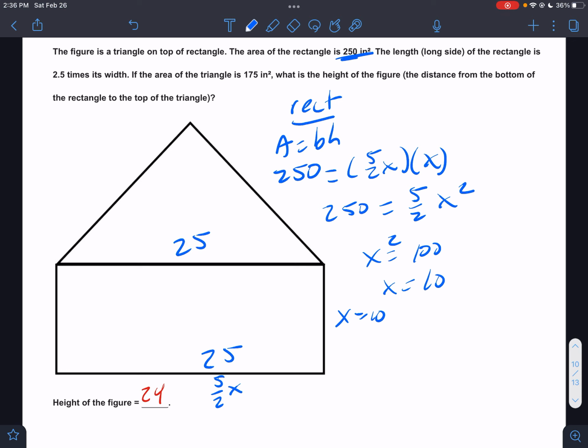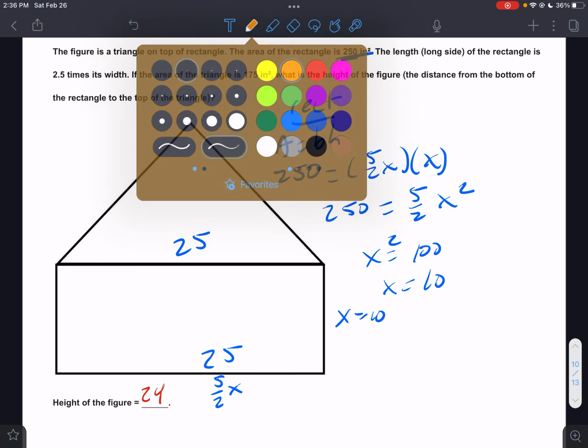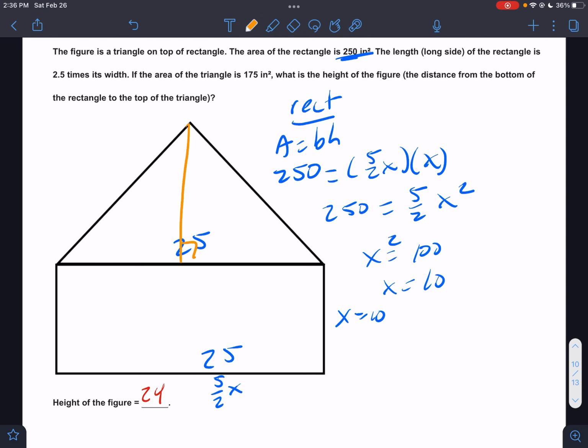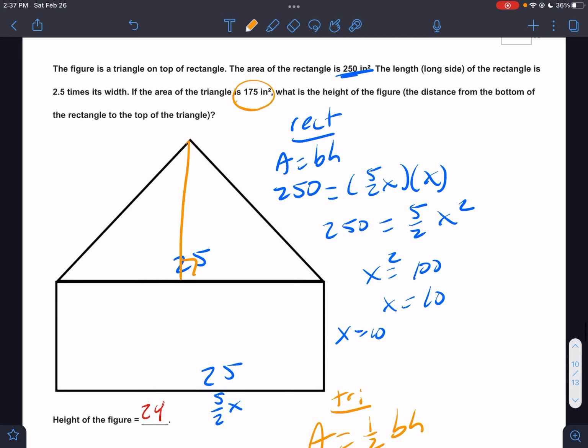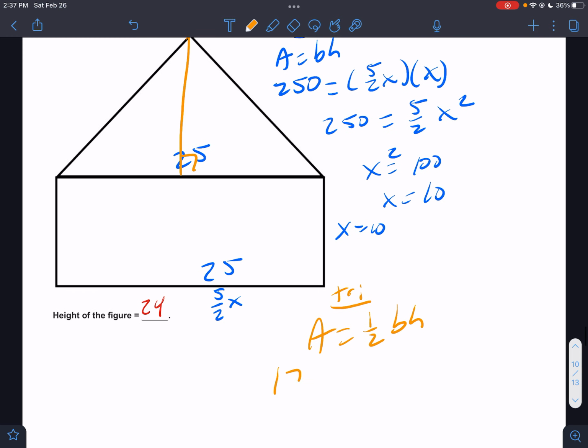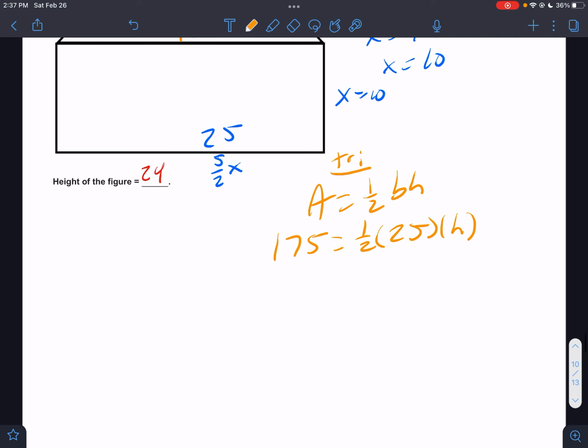So this is 25. Let's switch over to the triangle. We know the base of the triangle is 25, and we know the area of the triangle is 175. The area of a triangle is 1/2 base times height, so 175 equals 1/2 times 25 times the height. How do we undo this?